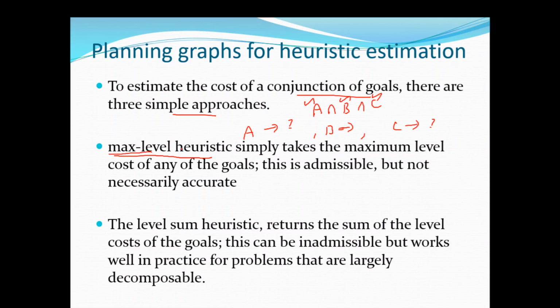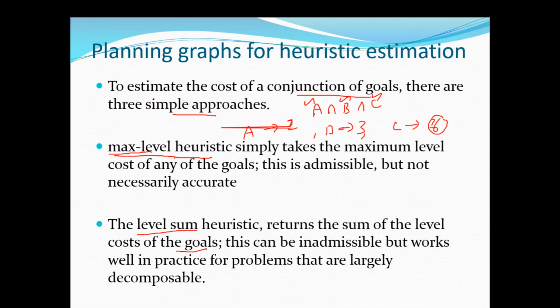So that is called the max level heuristic. If the level cost of A is 2, B is 3, C is 6, then our heuristic cost will be 6. The second type of heuristic is called the level sum heuristic. The level sum heuristic returns the sum of the level costs of the goals. So it adds all the level costs and returns that.